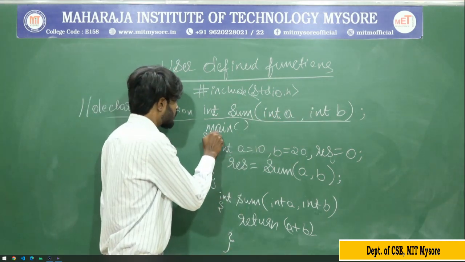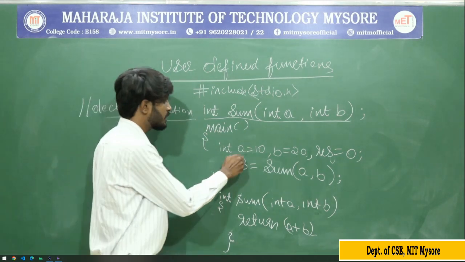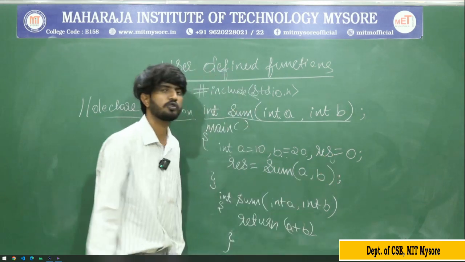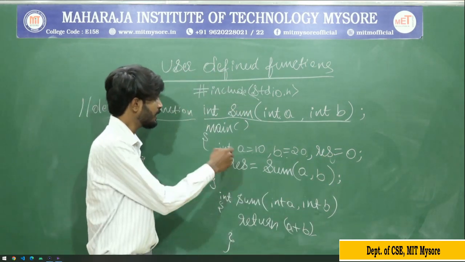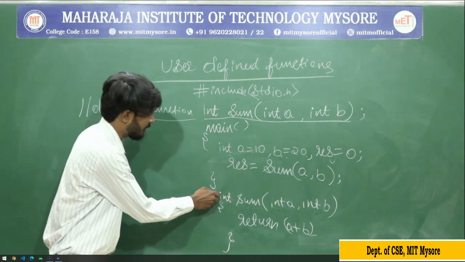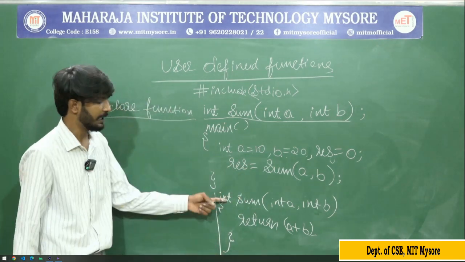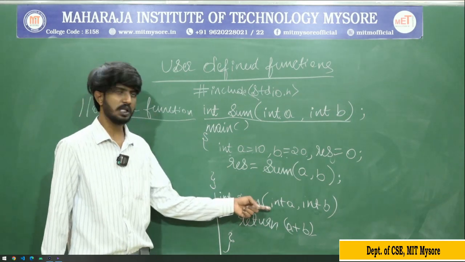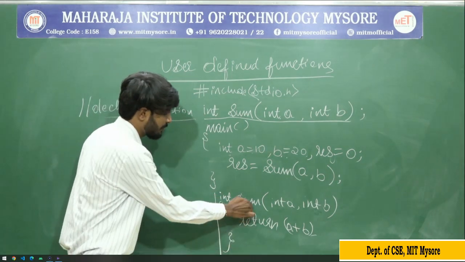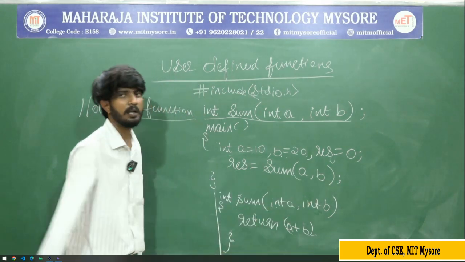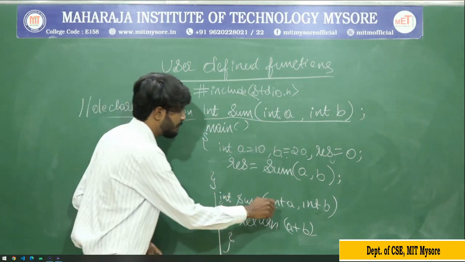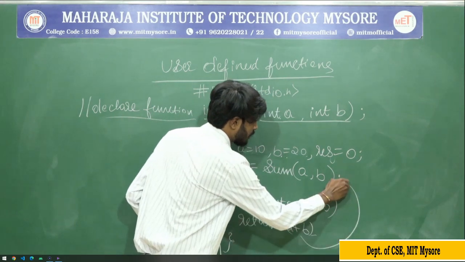Then in the main function I have initialized three variables: a, b, two numbers, and another one to store the result. Then res is equal to sum of a, b. Here int is the return type, sum is the function name, and int a and int b are the parameters. Then I will return a plus b.